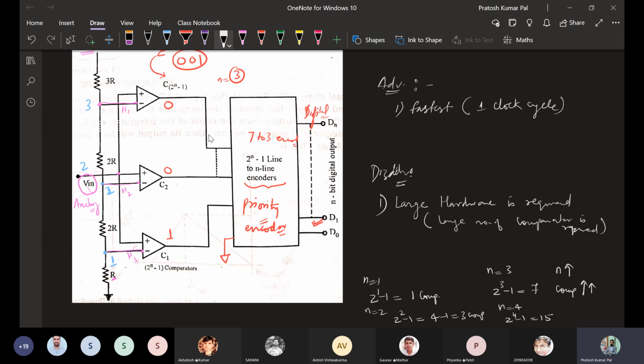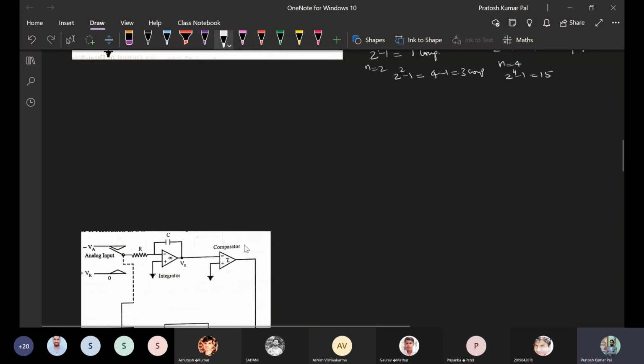In terms of implementation, it is easy to implement. It is the fastest one because it requires only one clock cycle, but the hardware requirement in flash ADC is very high. So we will keep this in mind, and use it with respect to our requirement.